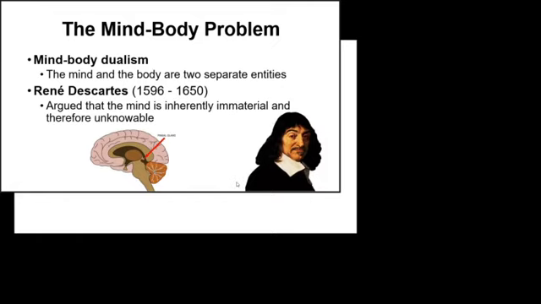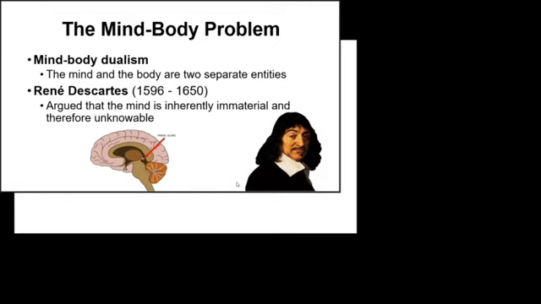So dualism, or fully called the mind-body dualism, is this idea that the mind and the body are two separate entities. So they are dual entities that exist in two very different ways. The idea is that our body is physical and measurable, and our mind is something sort of immaterial and unmanageable and other.